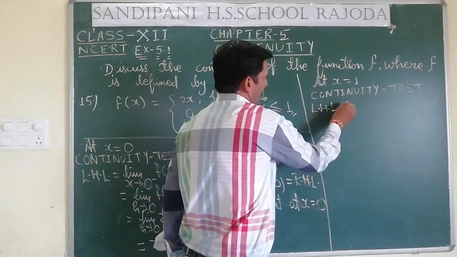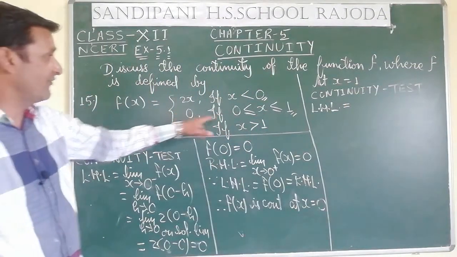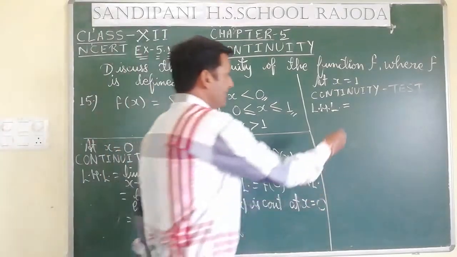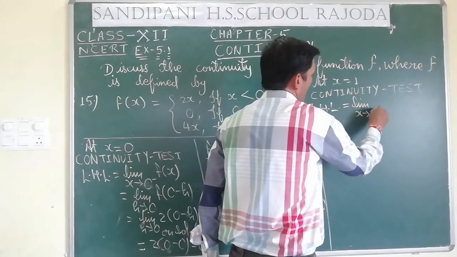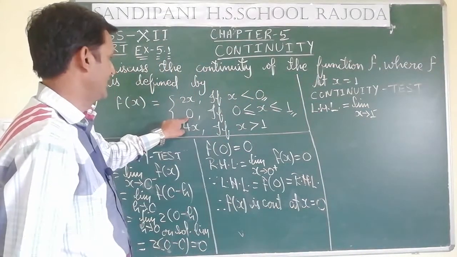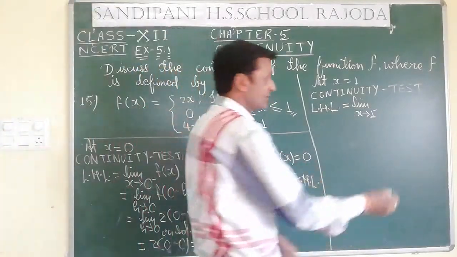What is LHL? For 1, see, less than 1, x is less than 1 means LHL, it is limit x tends to 1 minus, clearly mentioned, for 1 minus f of x. No x is there, so you may write it directly 0.